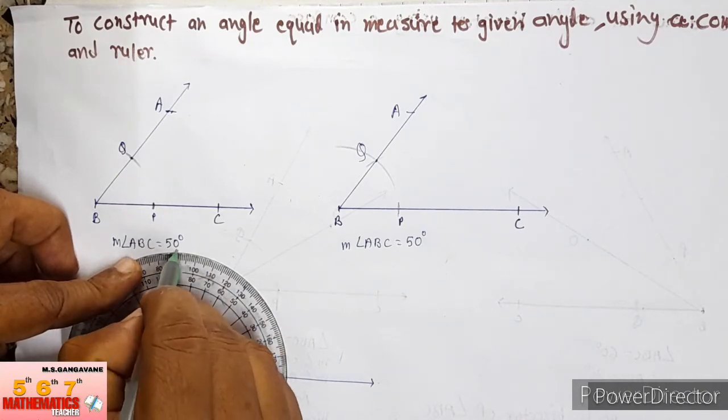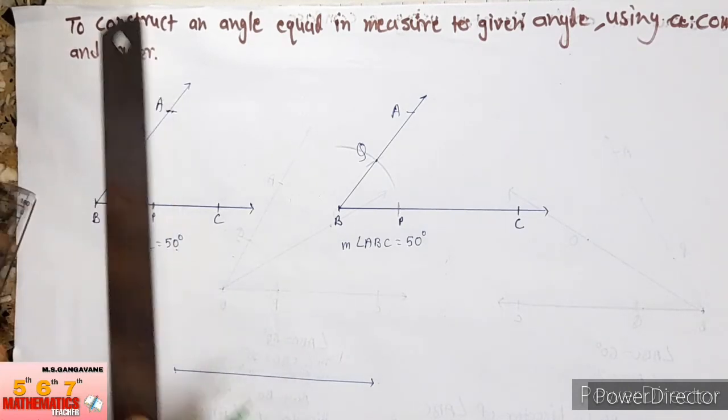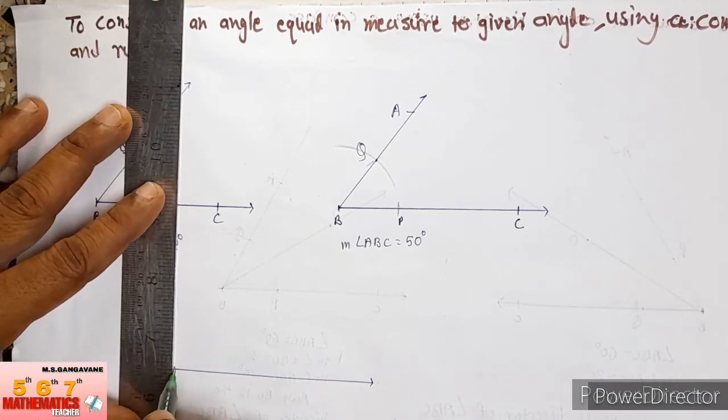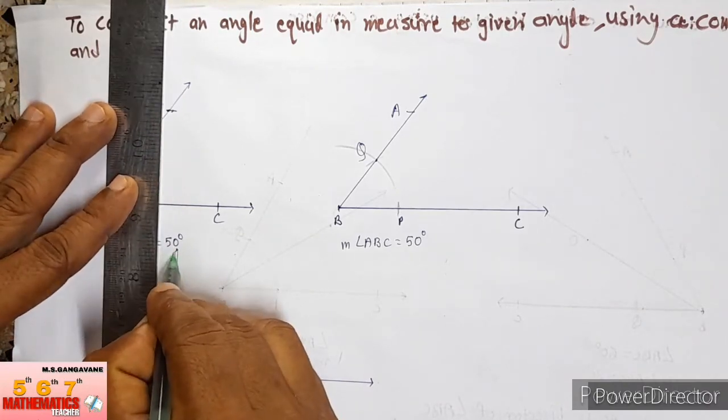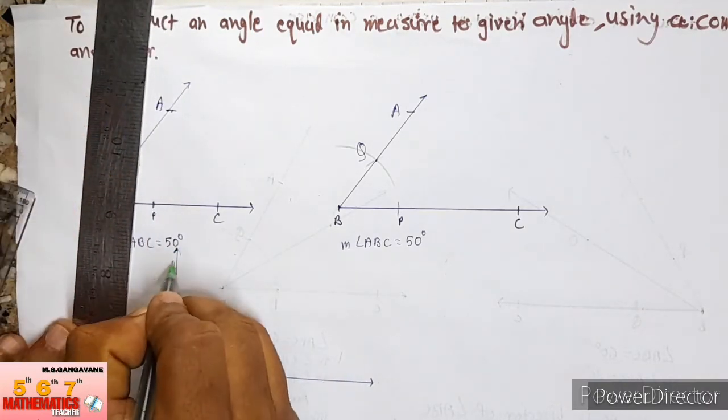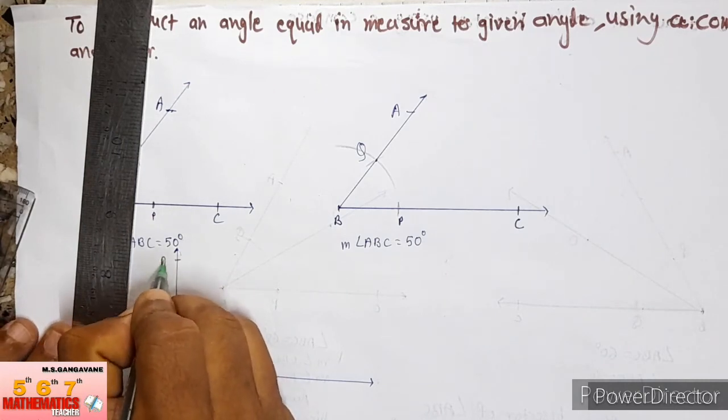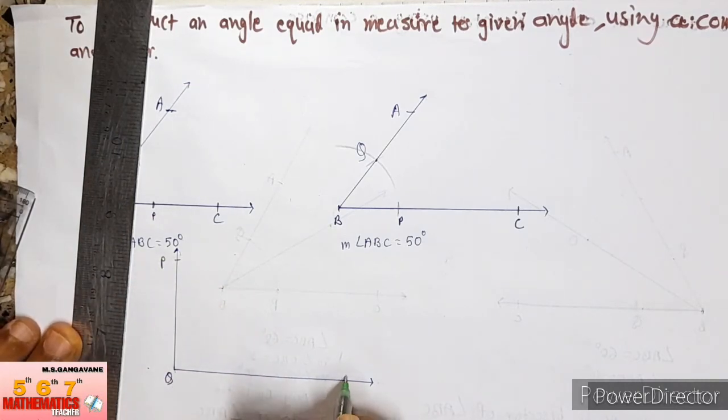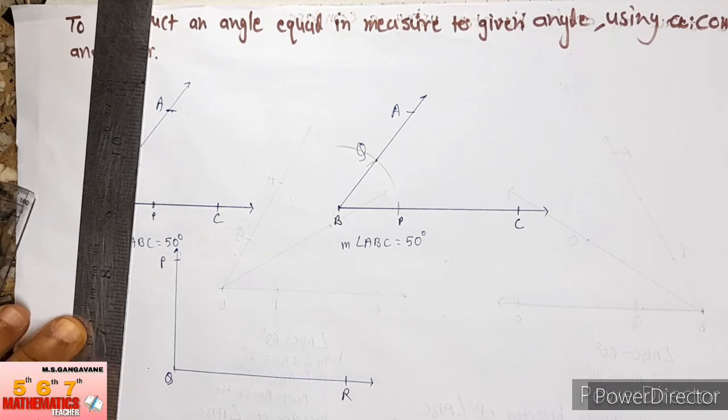So make 90 degree point, join the ray, done. Give the name of this angle PQR. Okay. Now they are given the measure angle PQR is equal to 90 degree, done.